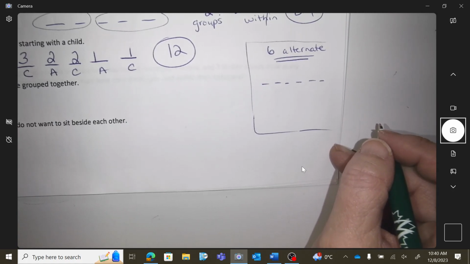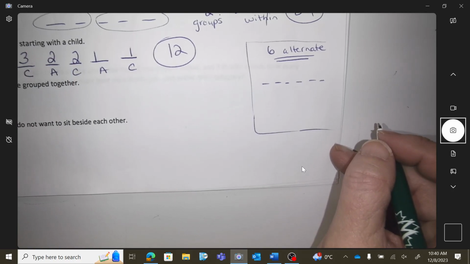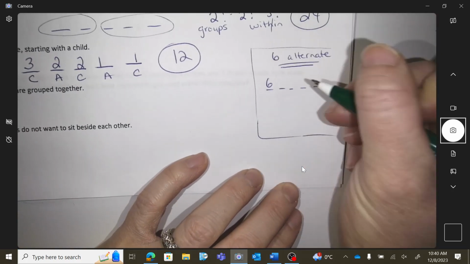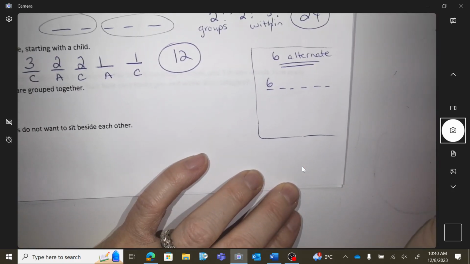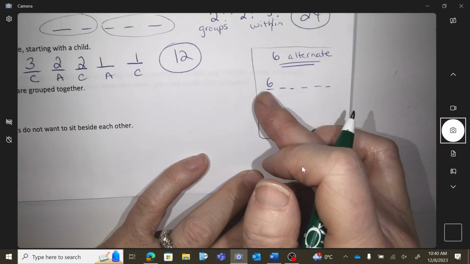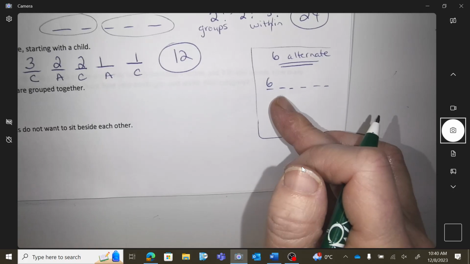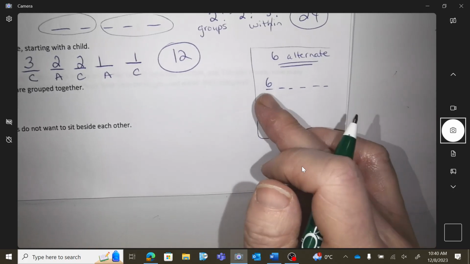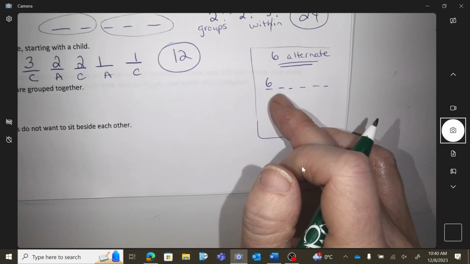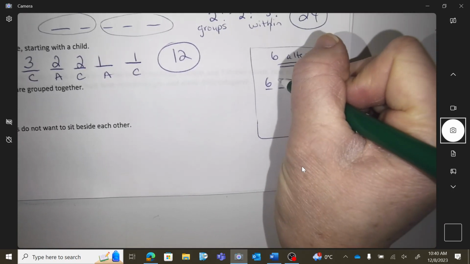So you can start with anybody. So you could have put anybody in the first position. But then in the second position, how many options do you have? Because you have to alternate. So now, whoever you put here, you have to pick the opposite here. So now there's only 3.